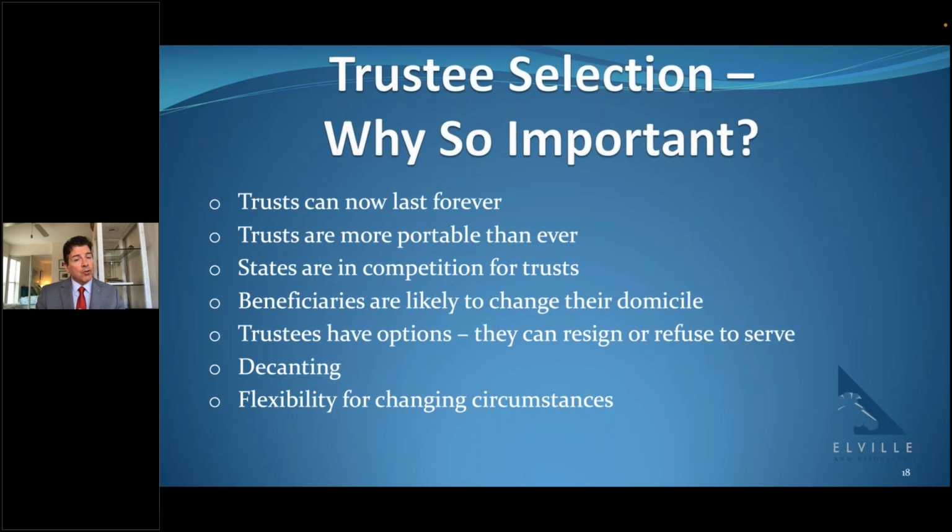Maybe it has to do with commercial property. Maybe there's a special reason why there should be a trust in a different state. So definitely states are in competition for trusts, states that have advanced trust laws. And that may or may not be the situation in the states that we're talking about there, but it certainly is conceivable that you could have two trusts, one in each state.